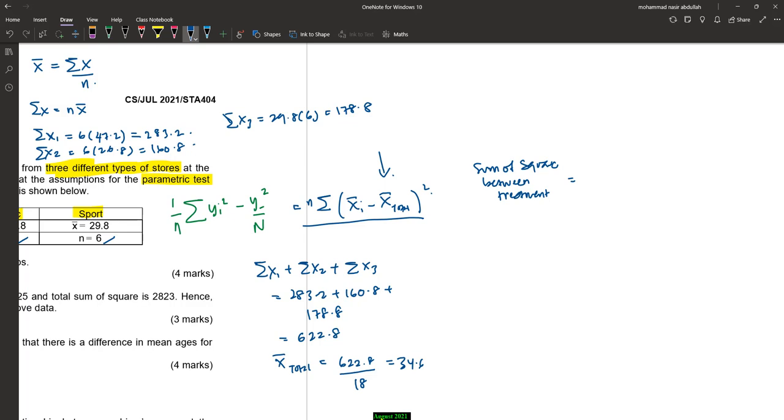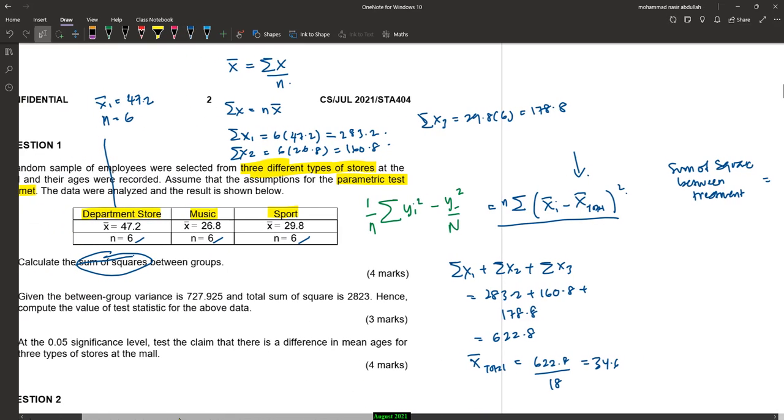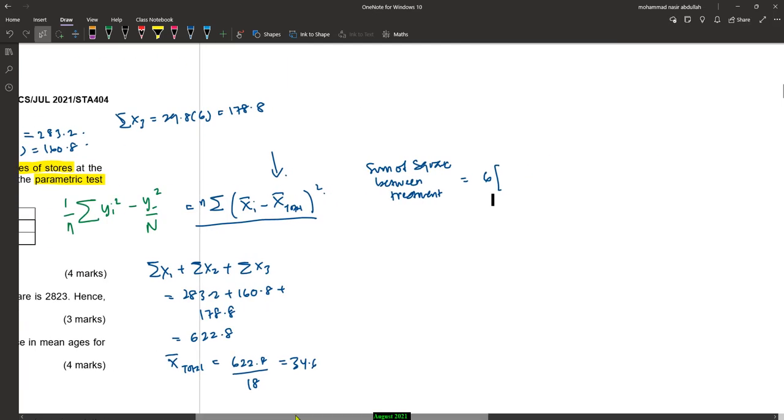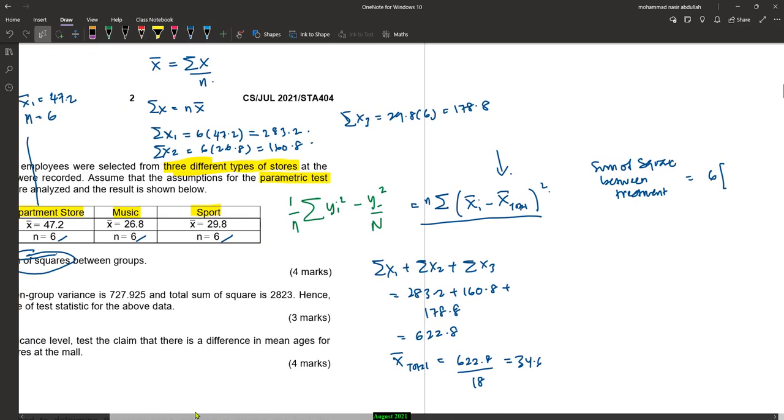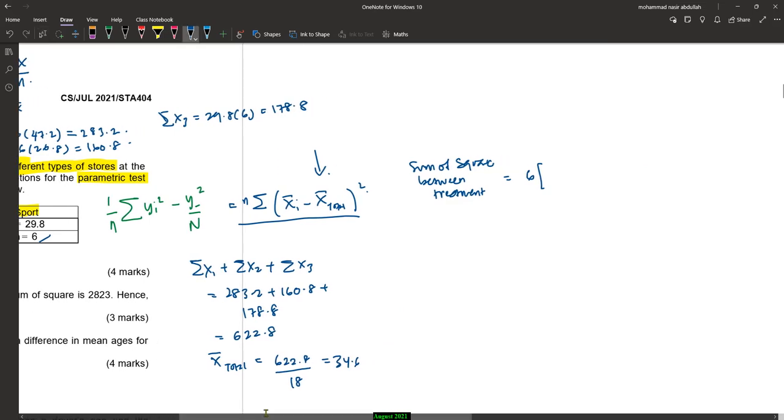So this one should be, you see there is n, so 6. The first one, we are focusing on the first one, which is the department store. So the mean for department store is 47.2.